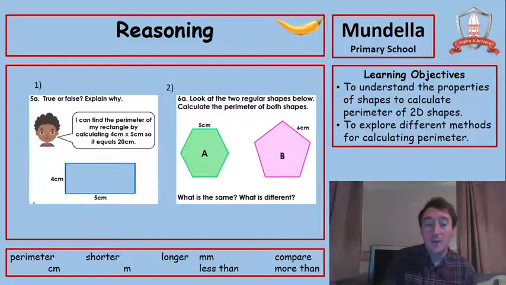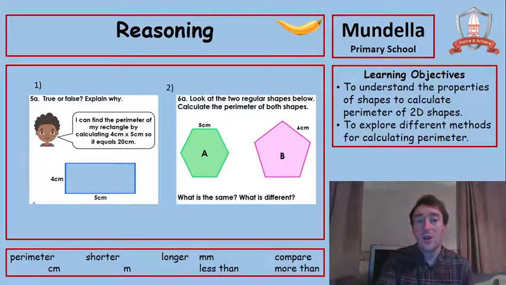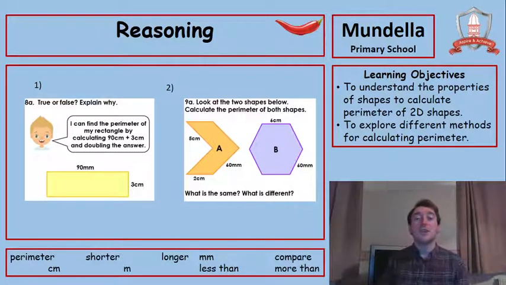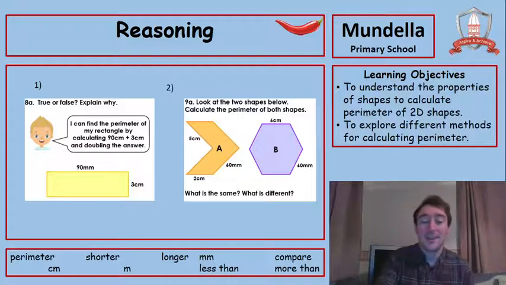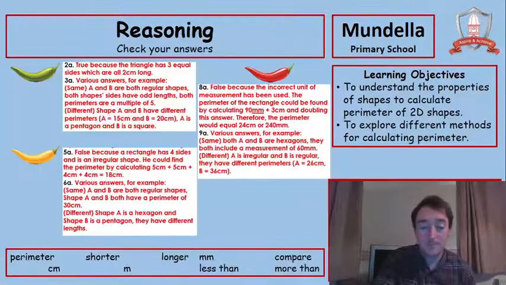Pause the video now if you want to try these, and then unpause when you're ready to check your answers. 3, 2, 1. And here are the red chili questions. Pause the video now if you want to try these, and then unpause when you're ready to check your answers. And we'll have a look at those answers in 3, 2, and 1.